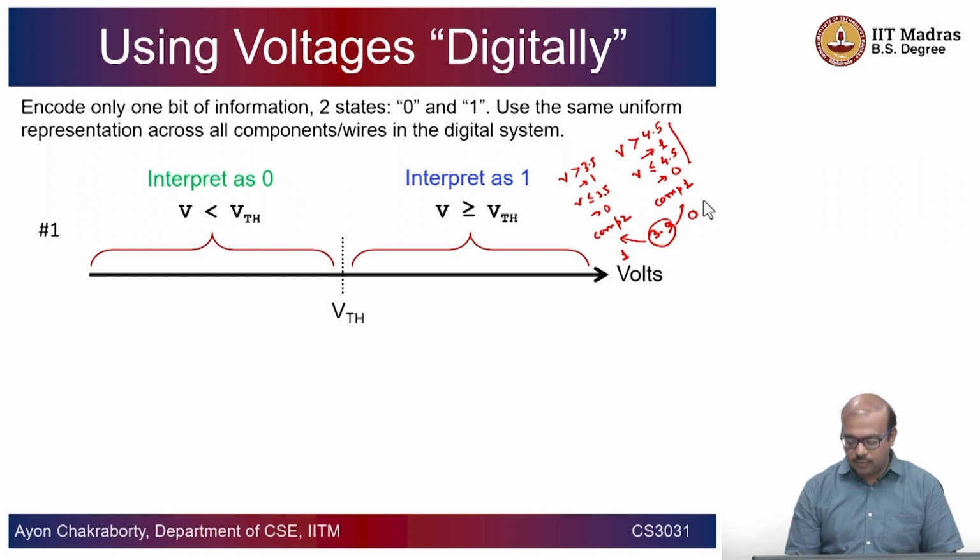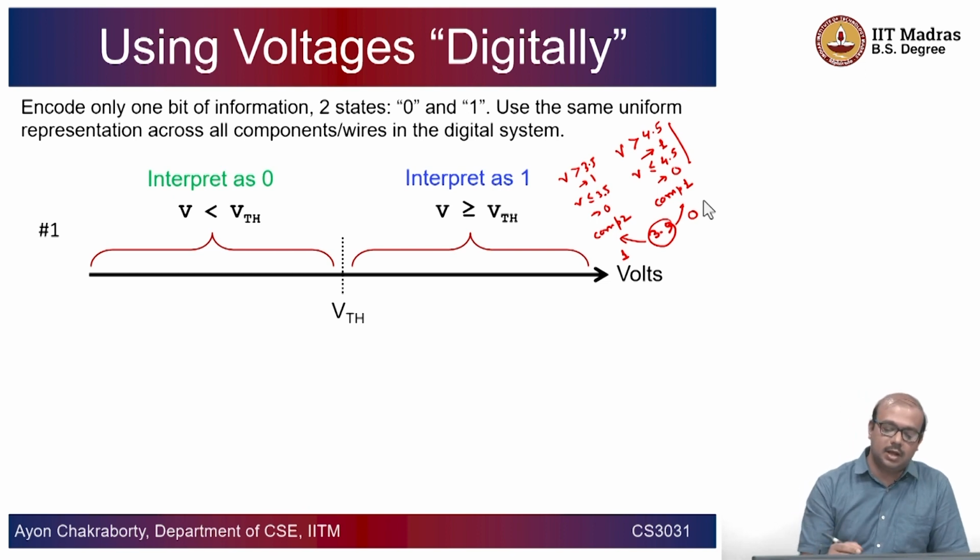Of course, this had an issue, as we have discussed, because anything very close to the boundary between 0 and 1 could be contaminated by noise, which is going to push the value to a different side, leading to a false interpretation.